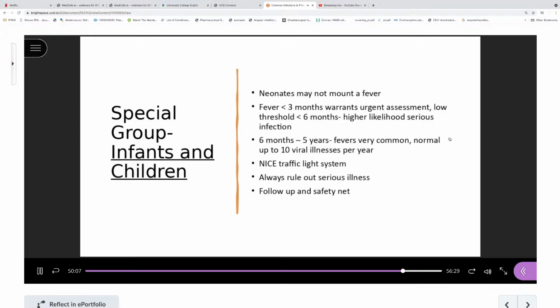And if we are thorough in making sure that in every child with a fever, we take their heart rate, their respiratory rate, their capillary refill time, their temperature, and pay attention to their overall appearance, and also listen to the parents, we're much less likely to miss anything serious. And we're going to follow up and safety net, even if it seems mild. Get back in touch if things get any worse.